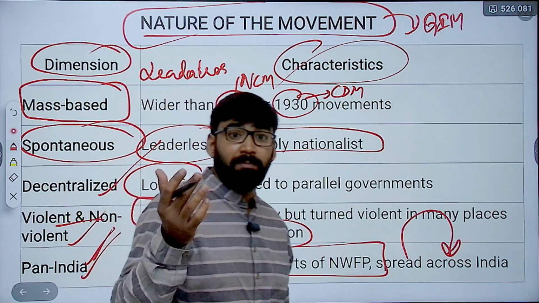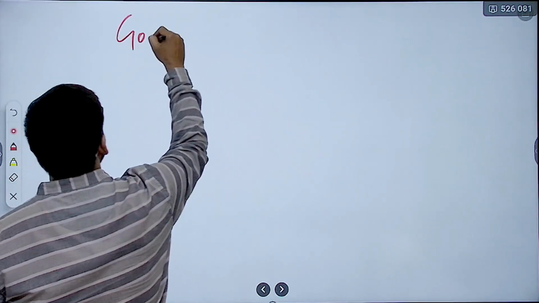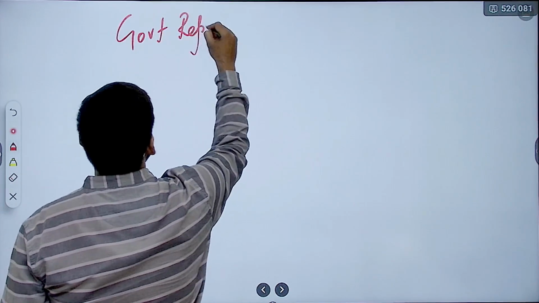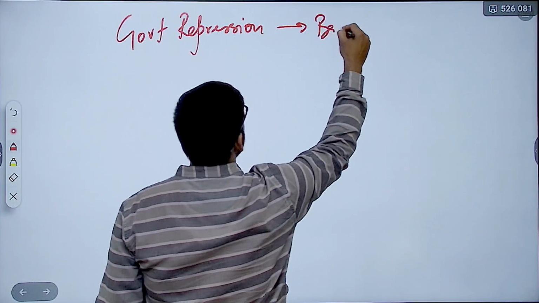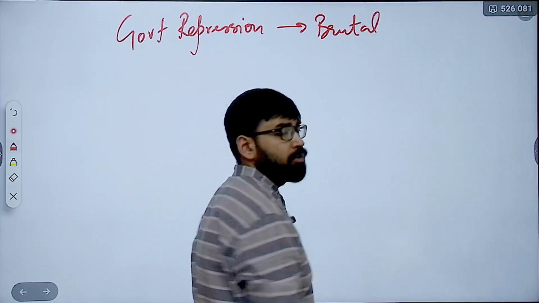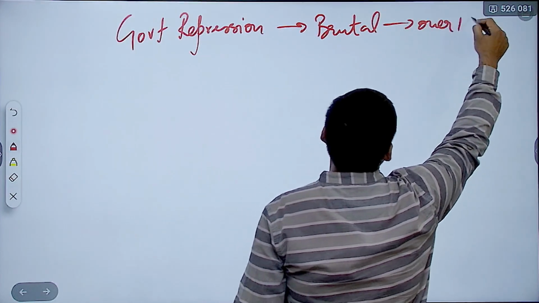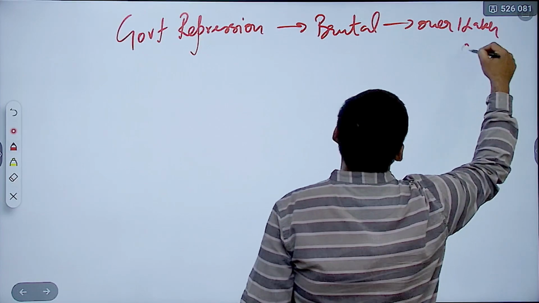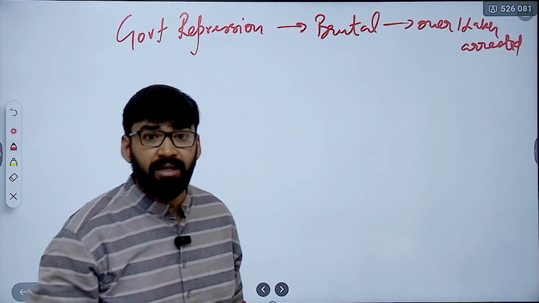Now, government repression was brutal. If we look at government repression, it was brutal. Over 1 lakh arrested.